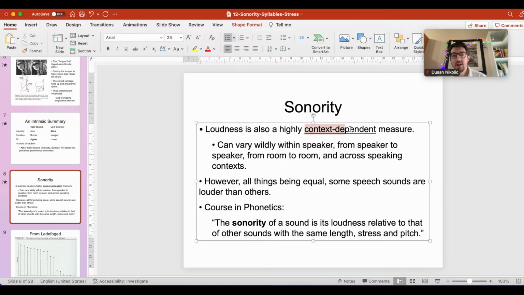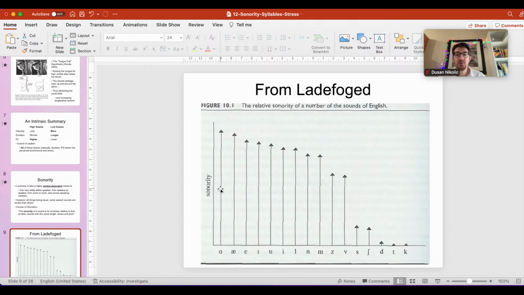Loudness is also a highly context dependent measure, just like we talked about tone, pitch accents, and even pitch, length or duration. All of these are context dependent, so we have to compare them to some other sounds or features. And compared to other sounds, and this is from Ladefoged's book, the vowels would be the most sonorous, so they would be perceived as louder or loudest in comparison to other speech sounds.